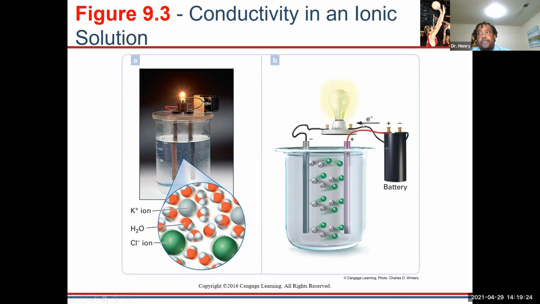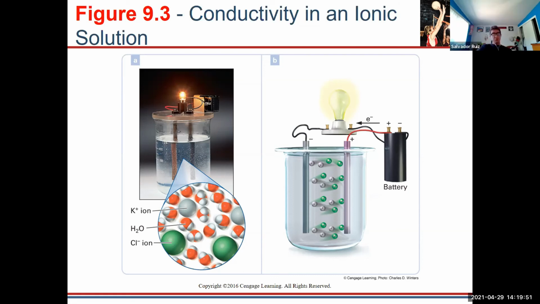That's going to cause this electron to be attracted to this guy, the potassium, making it neutral. And then that electron is going to be passed on to the next one, and then that guy's going to be passed on to this one, and this guy's going to be attached to that positive pole, right? And so you're going to get conduction of electricity because of that passing on. Does that make sense?